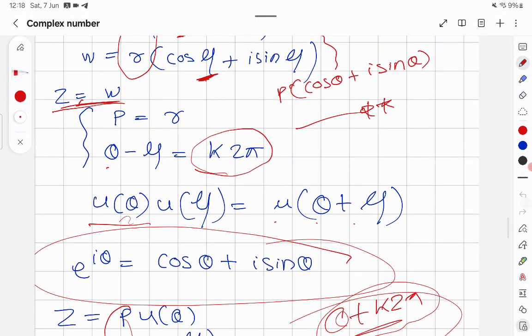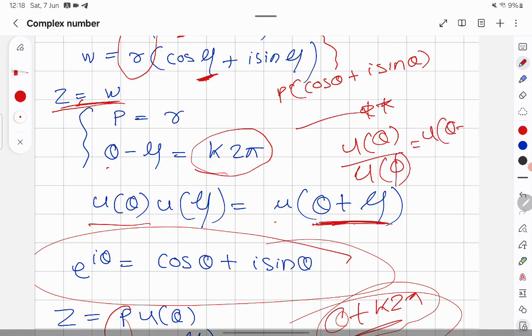If you multiply both of them, you can add the angles, but if it is e^(iθ) upon e^(iφ), it's e^(i(θ minus φ)). I just used this one over there.